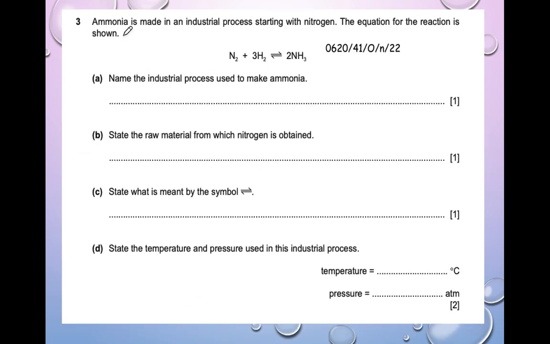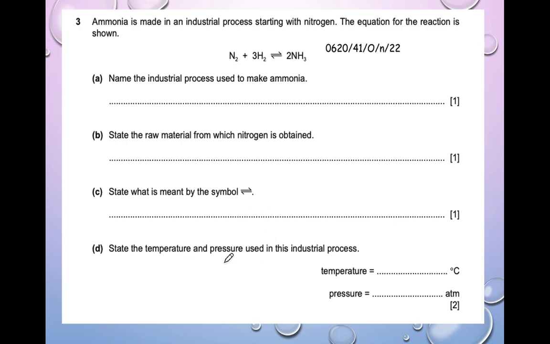Okay, ammonia, another question. Ammonia is made in an industrial process starting with nitrogen. The equation for the reaction is shown. Name the industrial process used to make ammonia. Of course, we know it is the Haber process. State the raw material from which nitrogen is obtained: air. State the symbol, what we mean by these two arrows: reversible.